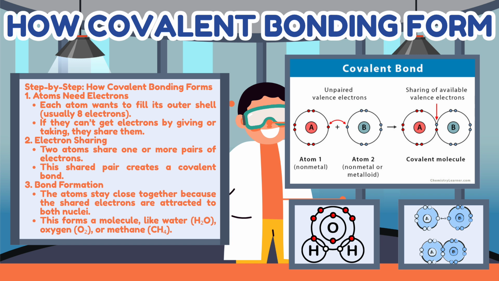Para maging stable siya, nag-share sila ng hydrogen ng tig-isang electron. Since dalawa ang hydrogen na andyan, magiging 8 electrons na si oxygen. And dahil na-fulfill din naman ng oxygen yung needs ng hydrogen ng isang electron, lahat sila ay stable.